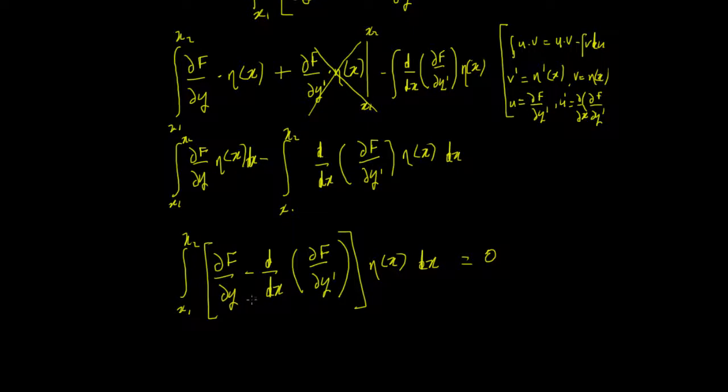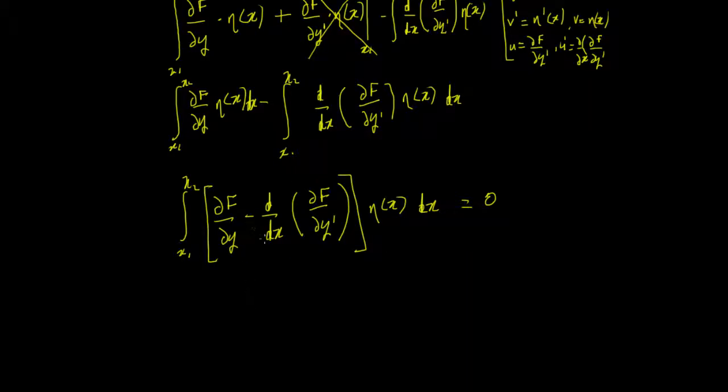Now, in order for that to be 0, we know that eta of x doesn't equal 0, because the whole point is that it is a function that we can vary.